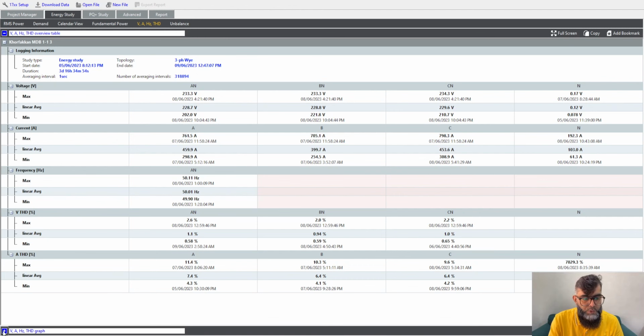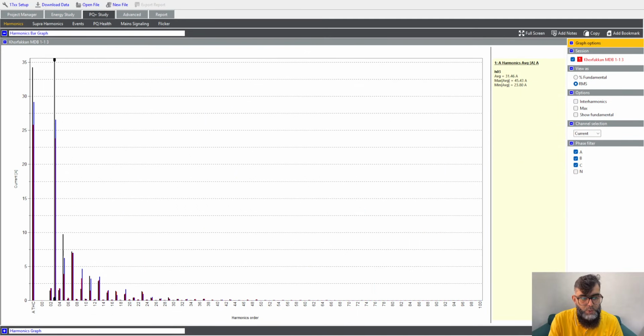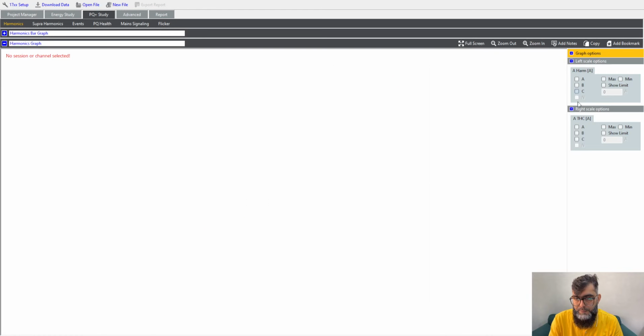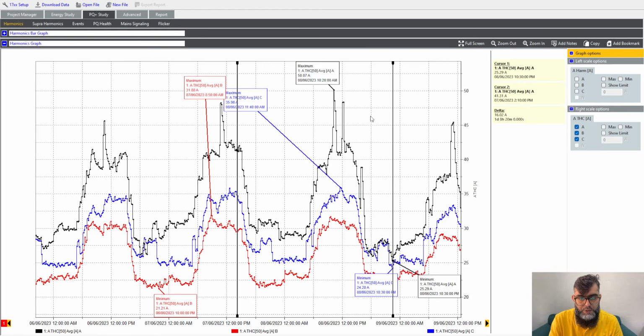Now the second thing which is most important over here is we've already figured out that our average current, the demand, is 450, right? Once I go to the power quality study and look at the harmonics graph, let's just go to the total. I like working around the total harmonic current.